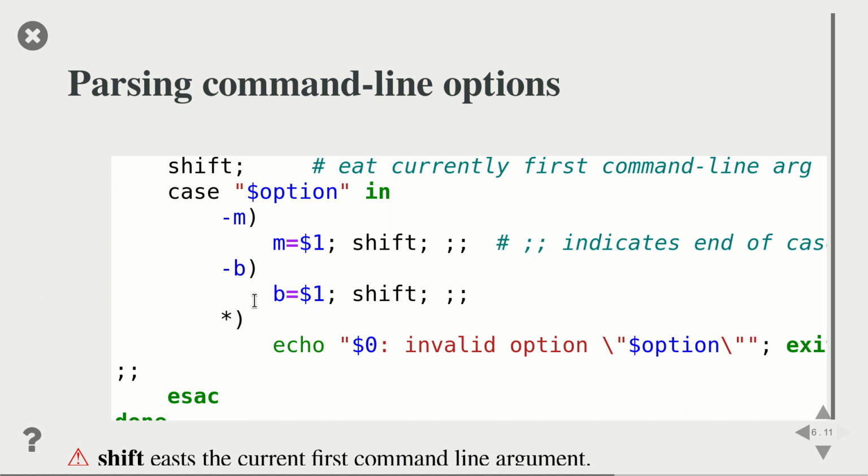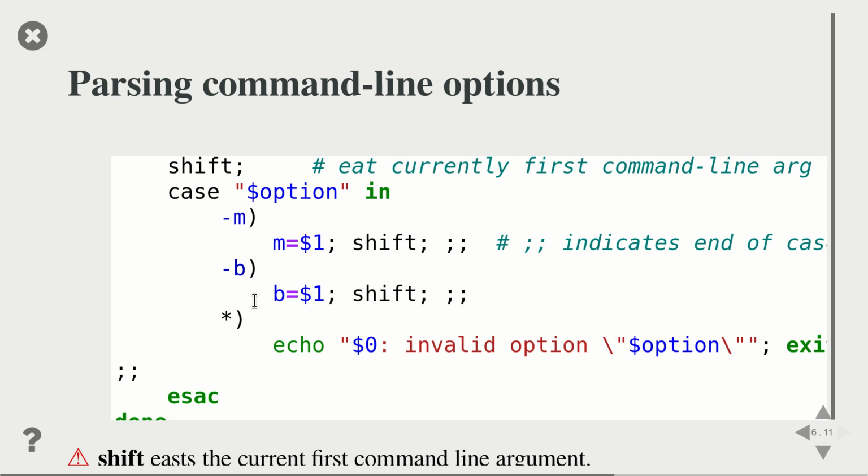The case syntax here: essentially, I'm checking which command line option it is. So the option could be either -m or -b or anything else. If it's -m, then I set a variable m equal to the value of the first command line argument, and also remove that. So the idea is you can write my script -m 12 -b 18.